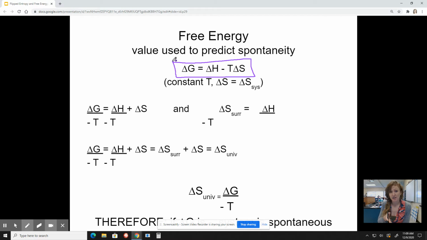However, free energy talks about spontaneity, and so does entropy of the universe. So I want to take a minute, go down a side path here, and show you how free energy and entropy of the universe are related.